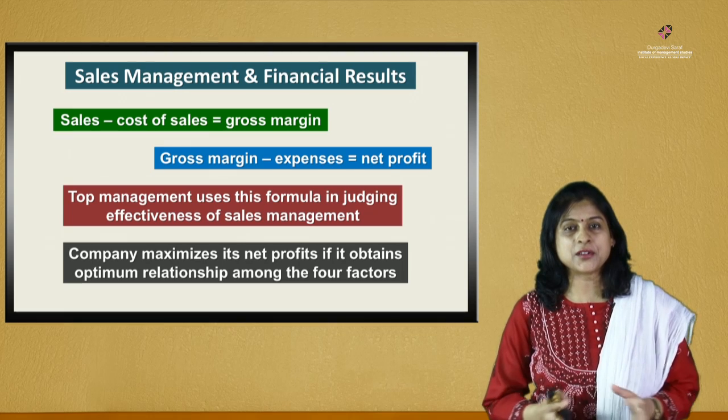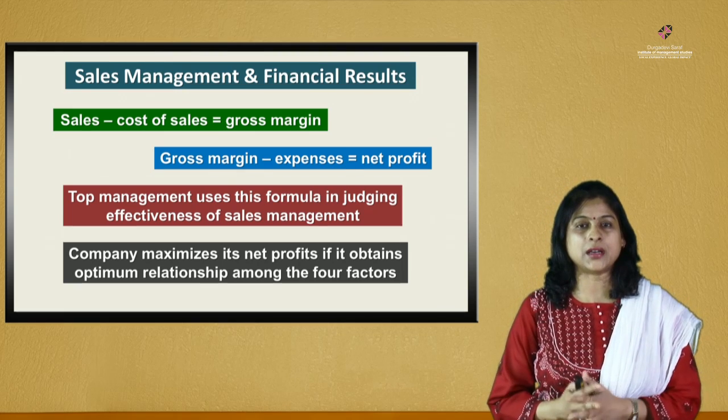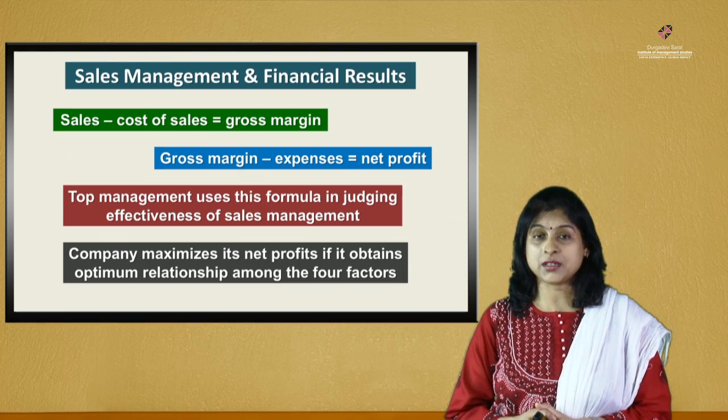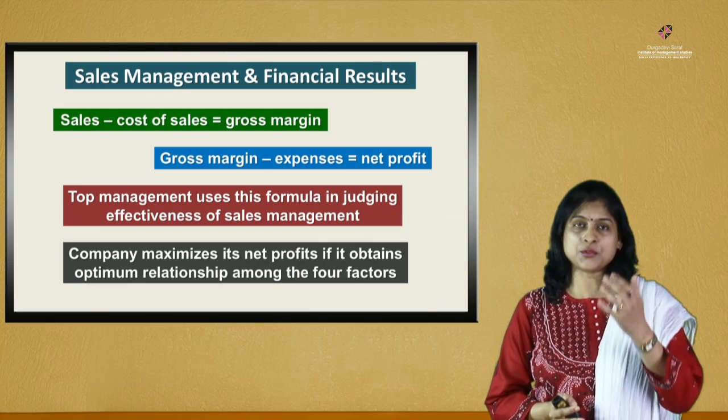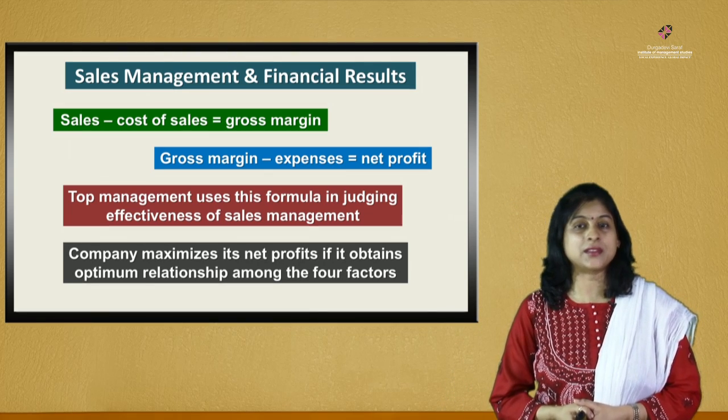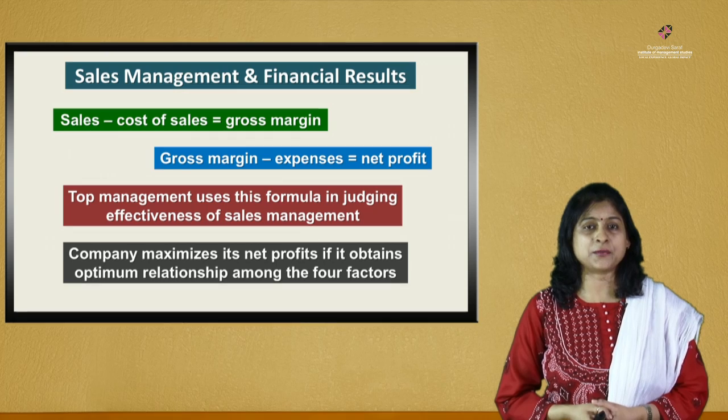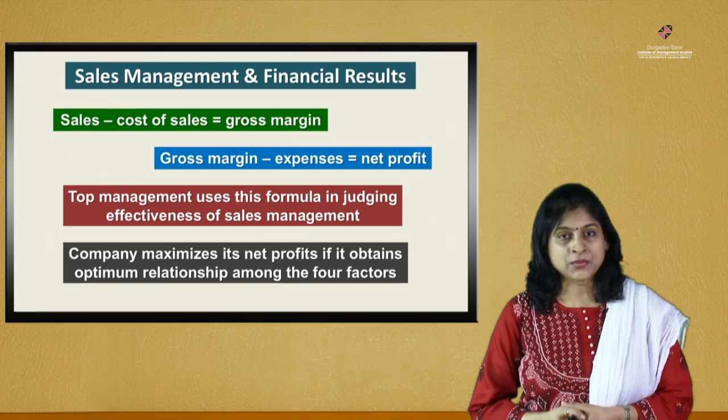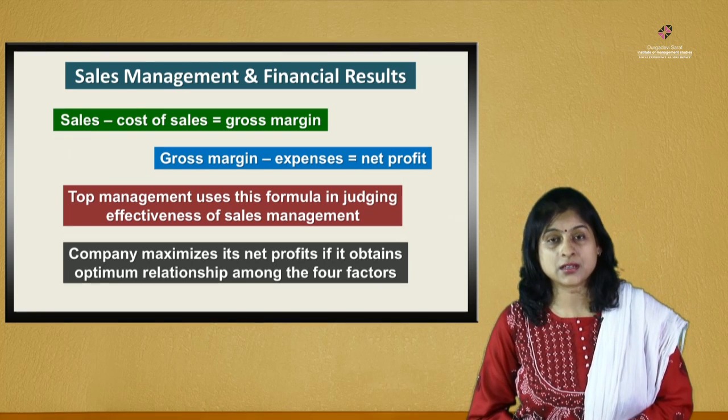So the company, generally top management, plays with this formula in judging the effectiveness of sales management. Maybe I am using this word in a wrong way, playing with this formula. I would say they are using it in a very effective manner to understand the effectiveness of sales management.